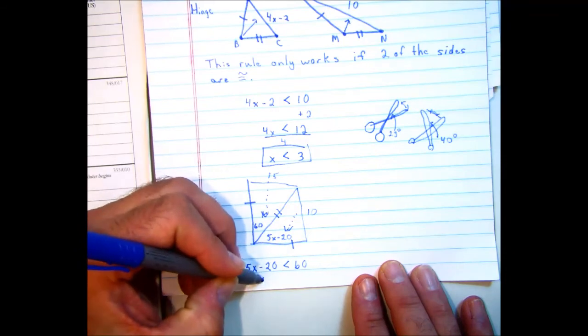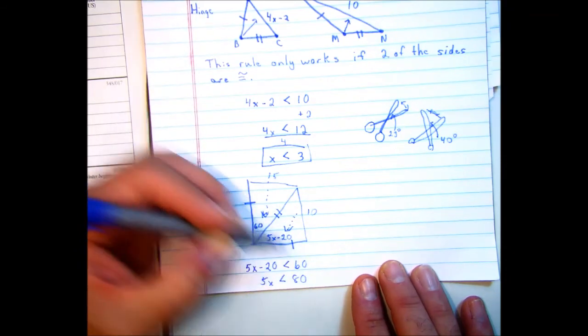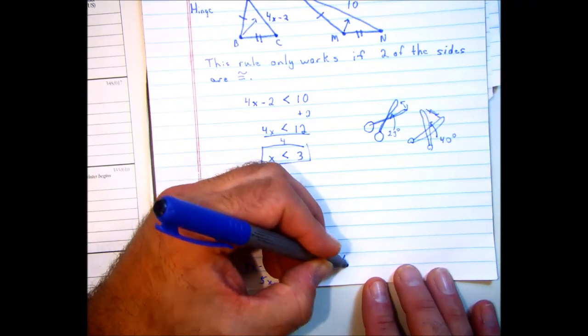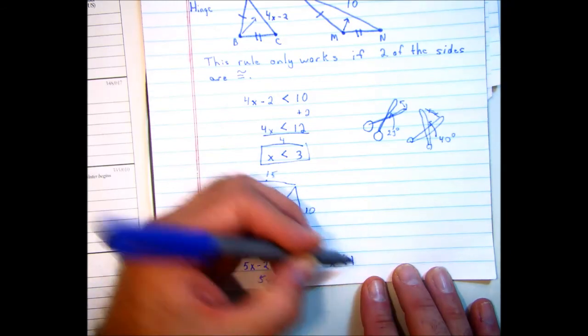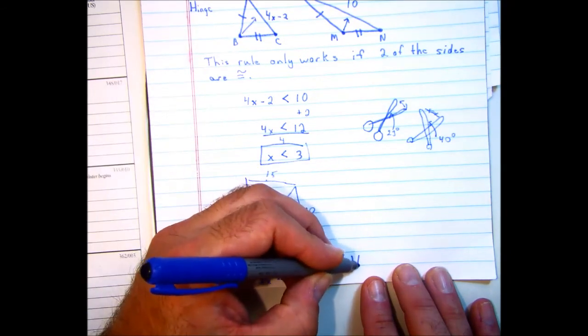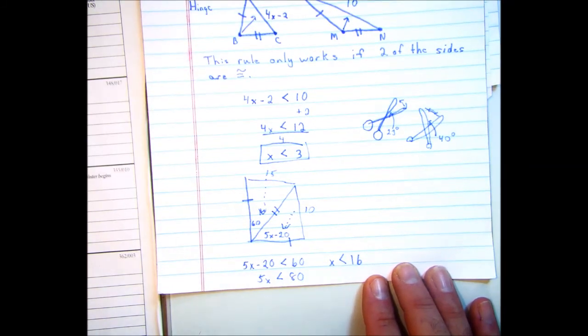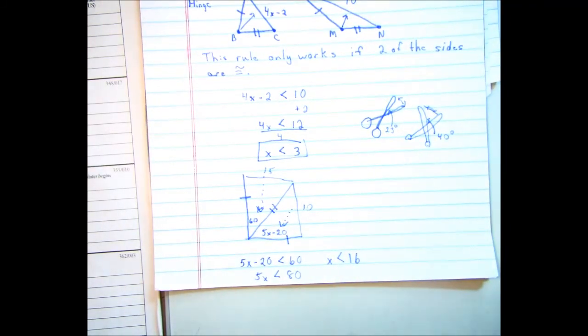Add 20, 5x is less than 80. Divide by 5, x is less than 16. So that means I can use any number for x other than 16 or anything higher.